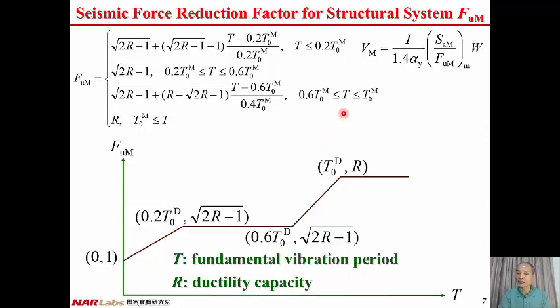When the structural period lies between 0.6 TCM and TCM, it increases linearly with the structural period T. And when T is larger than or equal to TCM, FUM is a constant and equal to R.